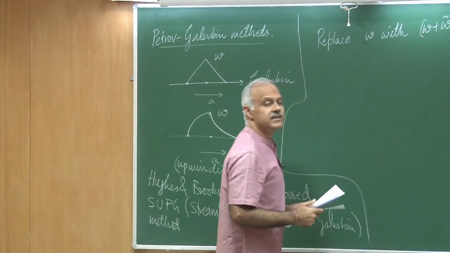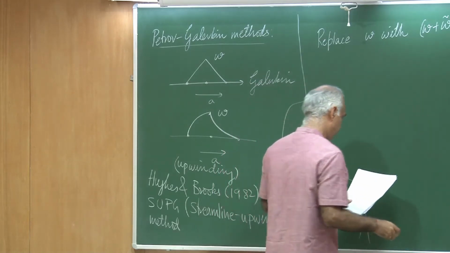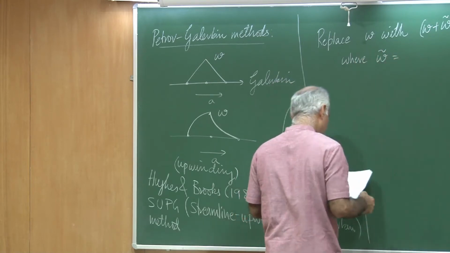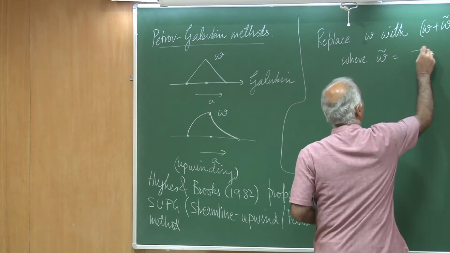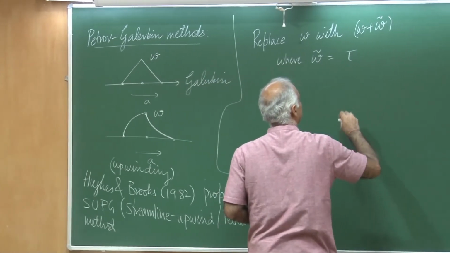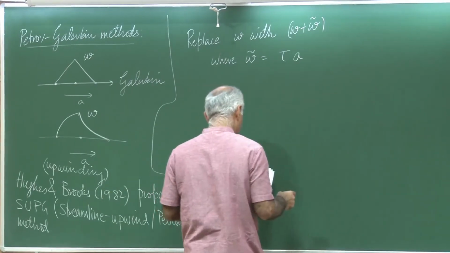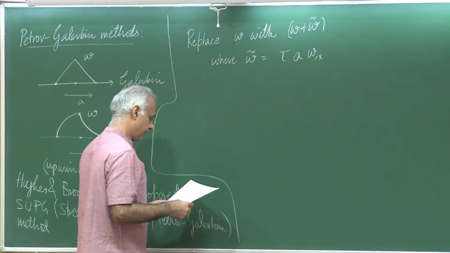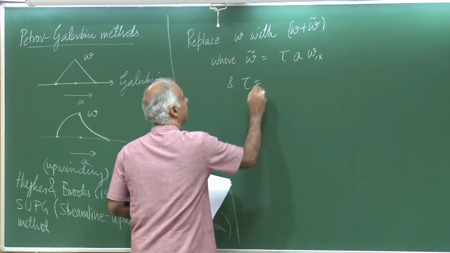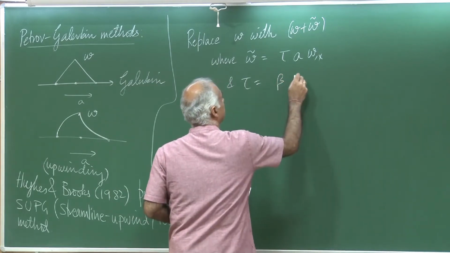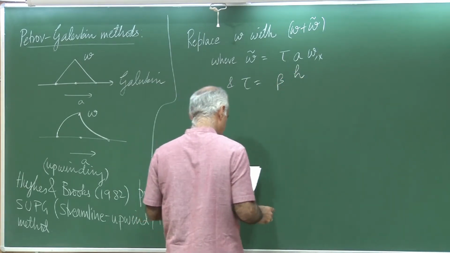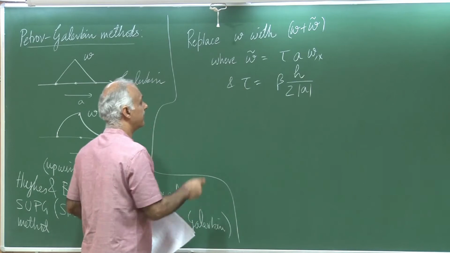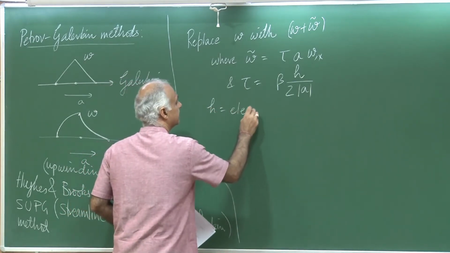So we are going to augment the weight function itself, where W tilde is given as tau, which is some kind of a weight, times A, the speed, times W comma x, and tau is given as beta times the element length h divided by twice the magnitude of A, where h is the element length.